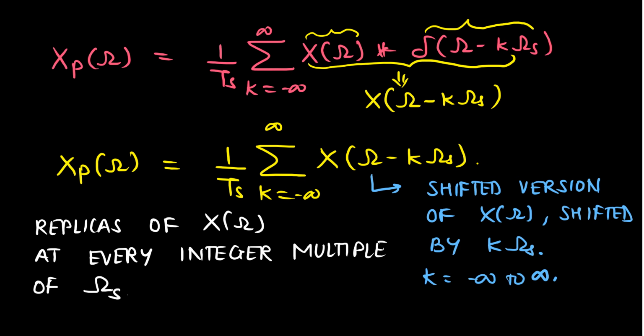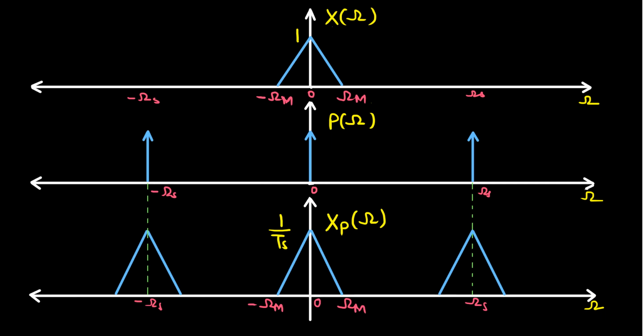So now let us try to visualize it graphically. So this is X of omega, so let us just consider its magnitude or its value at omega equal to 0 to be 1, just for simplicity. So this is our X of omega with maximum frequency as omega m.